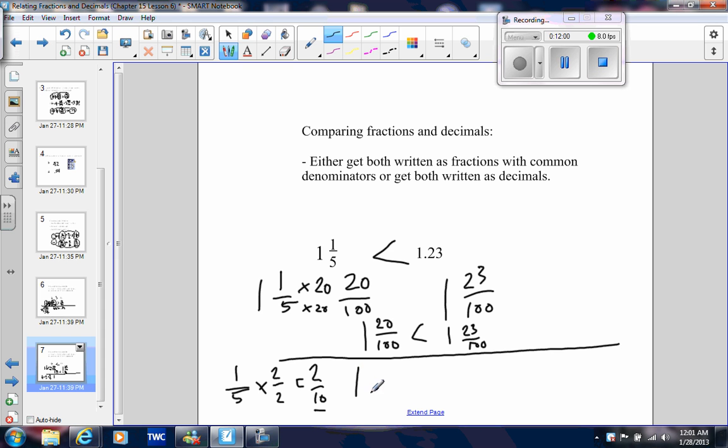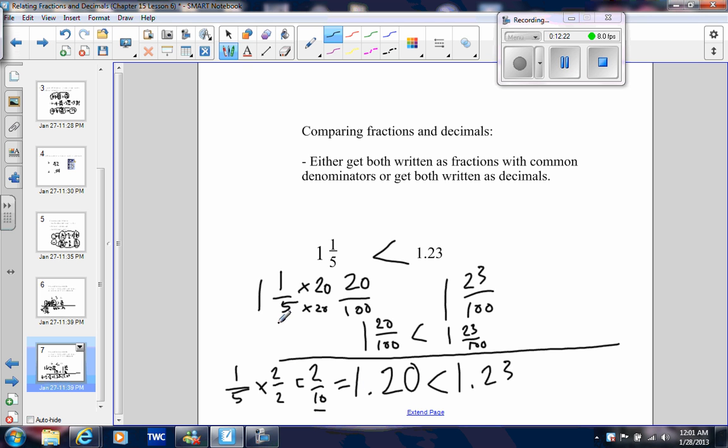So I've got 1 and 2/10 and 1 and 23/100ths. I've got two decimal places here, only one here, so again I can add a 0 to the back. And again you see that 1 and 23/100ths is larger than 1 and 20/100ths.